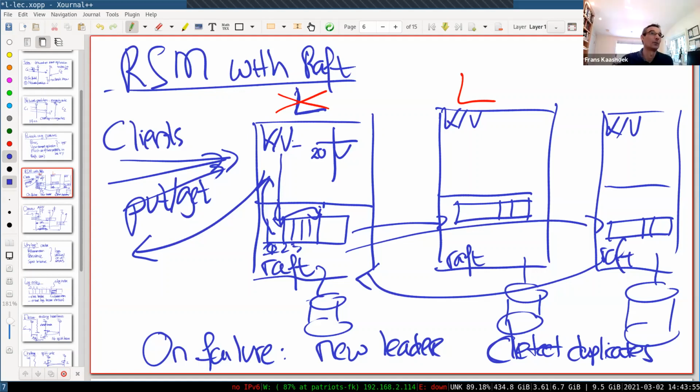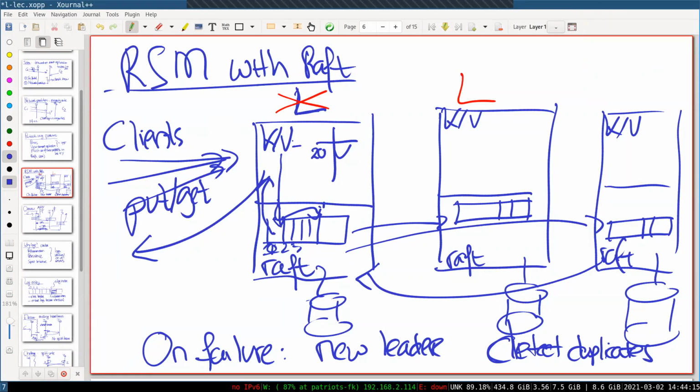Well, we have to assume that the responses from the Raft service as a whole, the KV service plus Raft, may get lost anyway, because the network may lose responses. So the client has to be able to repeat. The client must resend, must retry.